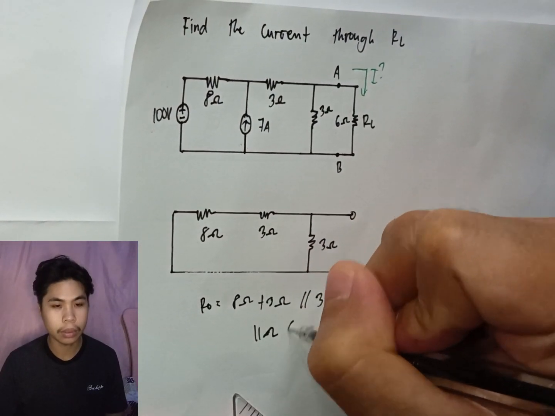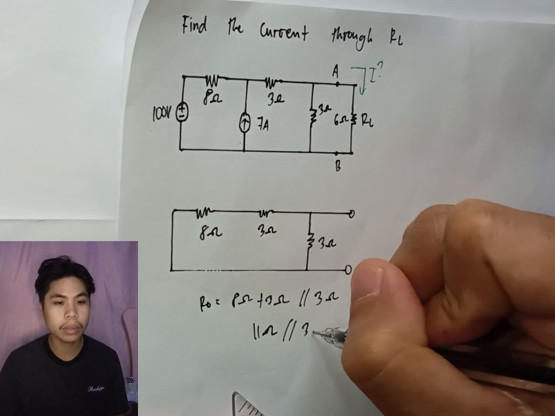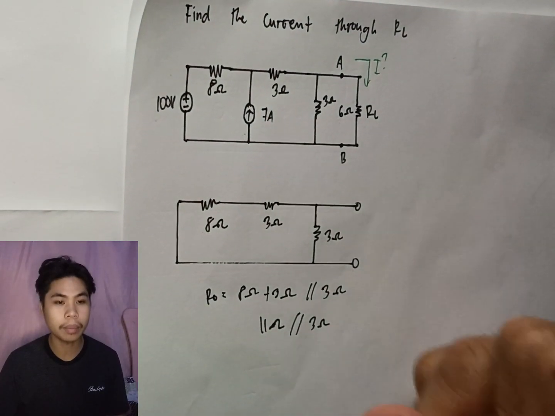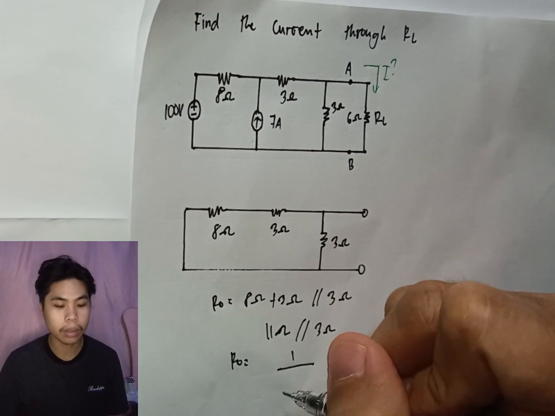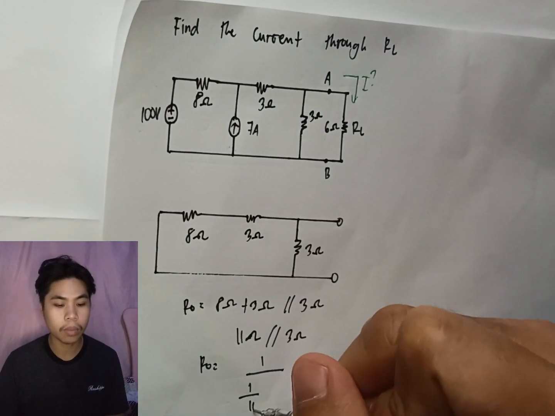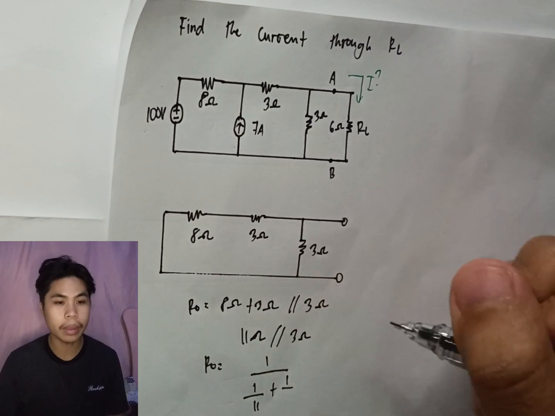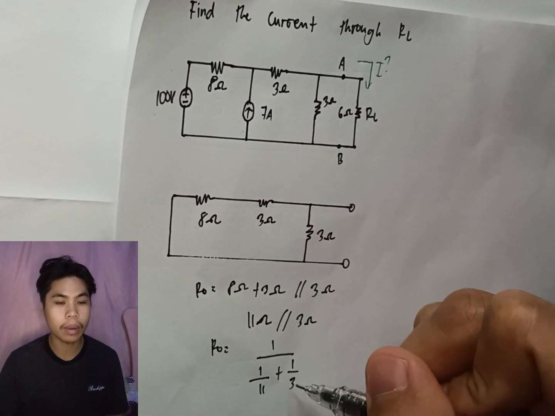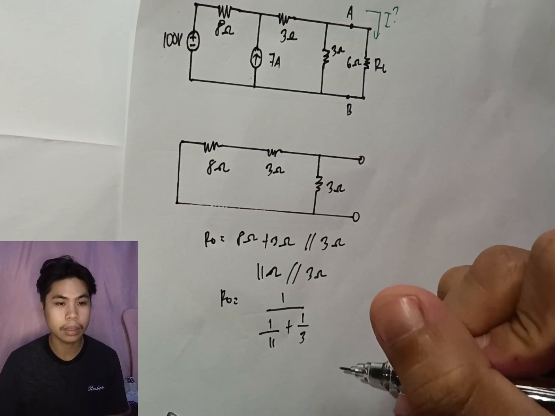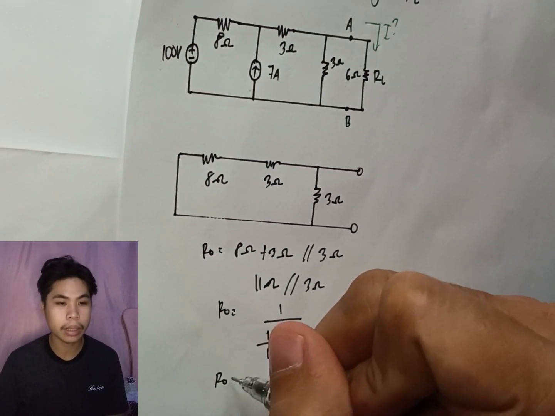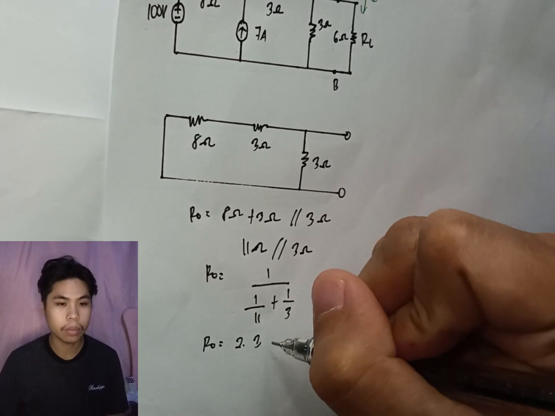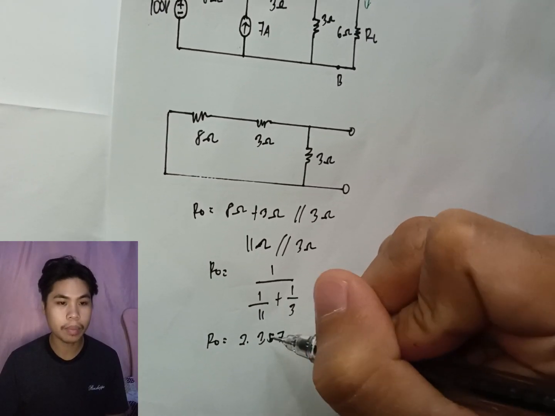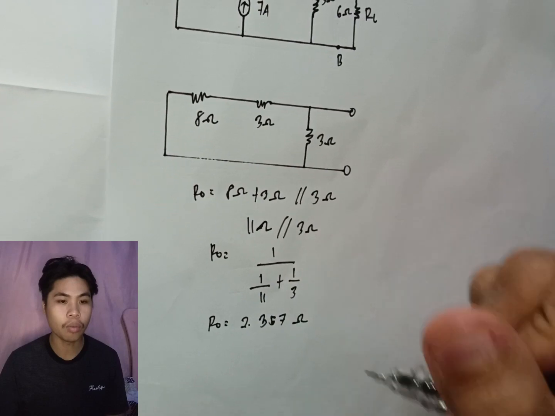So 11 ohms, they are parallel with 3 ohms. So yung formula natin, 1 all over by 1 all over by 11 plus 1 all over by 3. So yung RO natin ay 2.357 ohms.